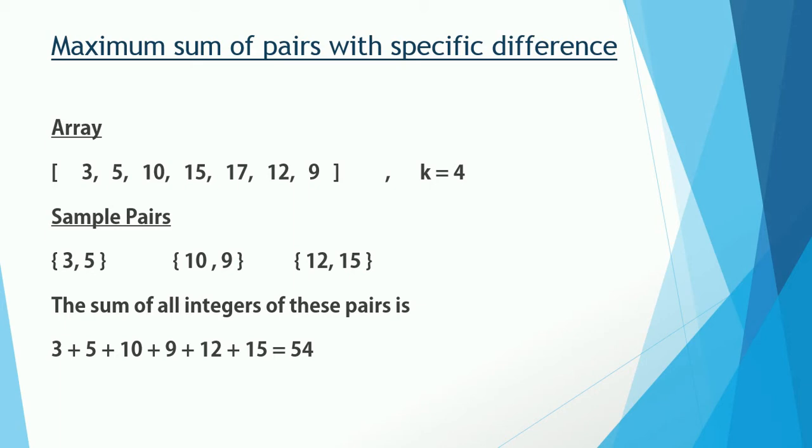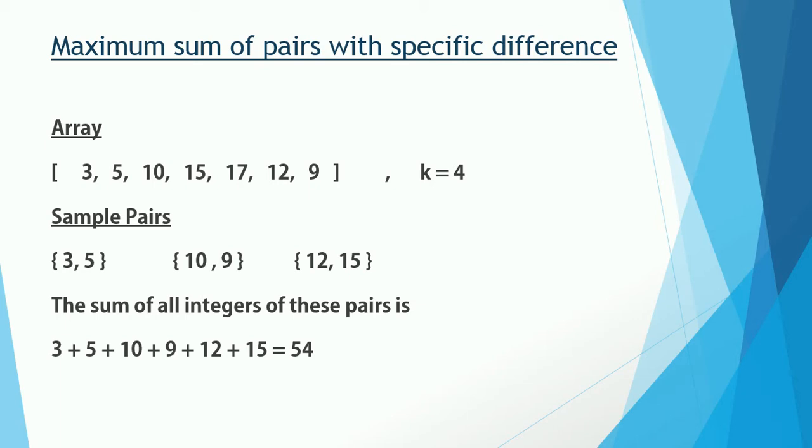Below are some disjoint pairs that can be formed from this array. Pair number 1 consists of 3 and 5, pair number 2 consists of 10 and 9, and pair 3 consists of 12 and 15. The sum that comes out from these pairs is 54, which is the summation of 3, 5, 10, 9, 12 and 15.